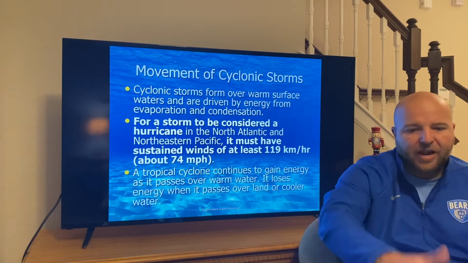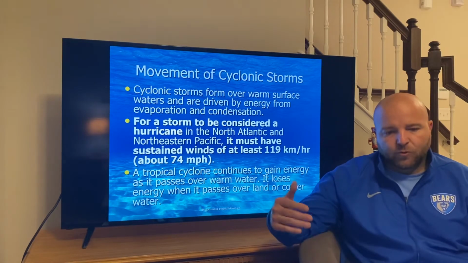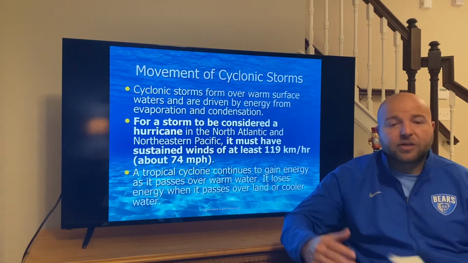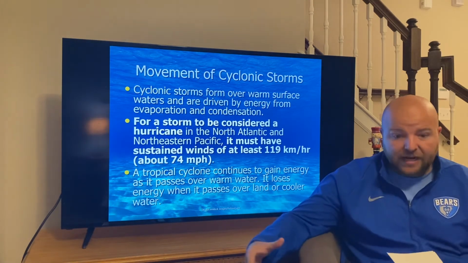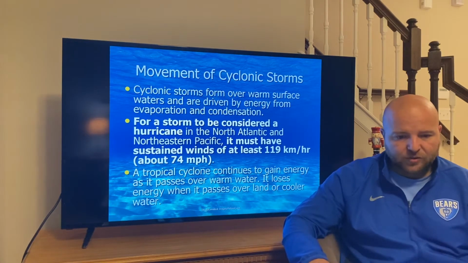With the patterns of how they move, cyclones form over warm surface waters. They're driven by energy from evaporation and condensation. That energy in those processes helps to fuel the formation of the storm.